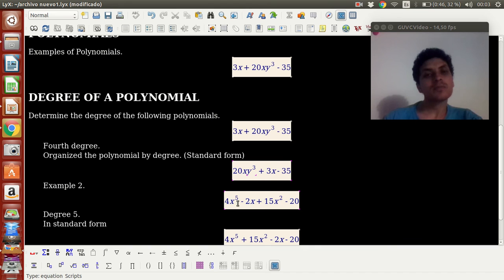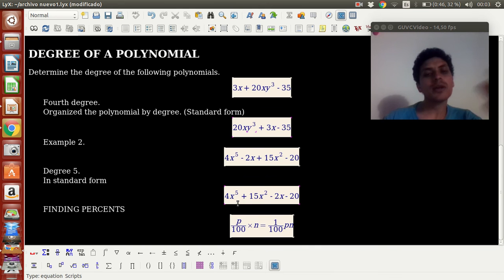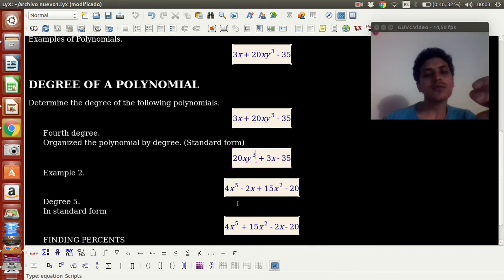And then we want to organize it in standard form. So in standard form it will be fifth power, the highest, then 4, there's no fourth power, 3, there's no third power, 2, second power, 1, first power, and 0. Okay?